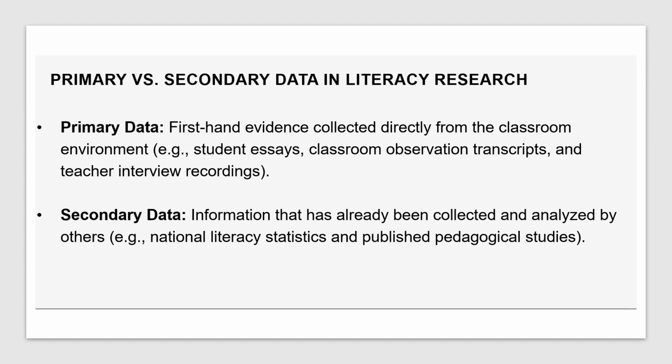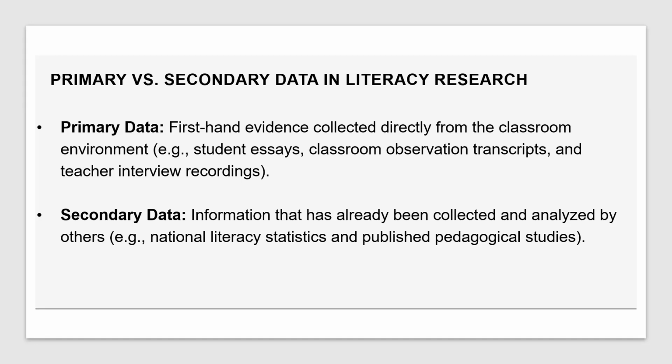It is collected firsthand by the researcher, closely connected to your research topic. For example, student essays or writing samples, classroom observation notes, and interview recordings with teachers or students. So this is authentic, real-time data from your study. You go to the classroom and collect the data by yourself.